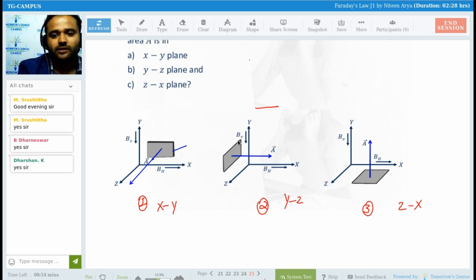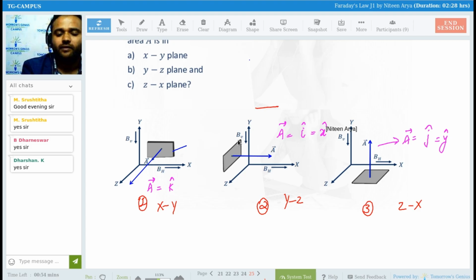Understood everyone? So for this YZ plane, obviously the area vector here is in X direction, I direction. Here area vector is in K direction. Here area vector is in J direction, or you can say Y, X, or K, I write it down.